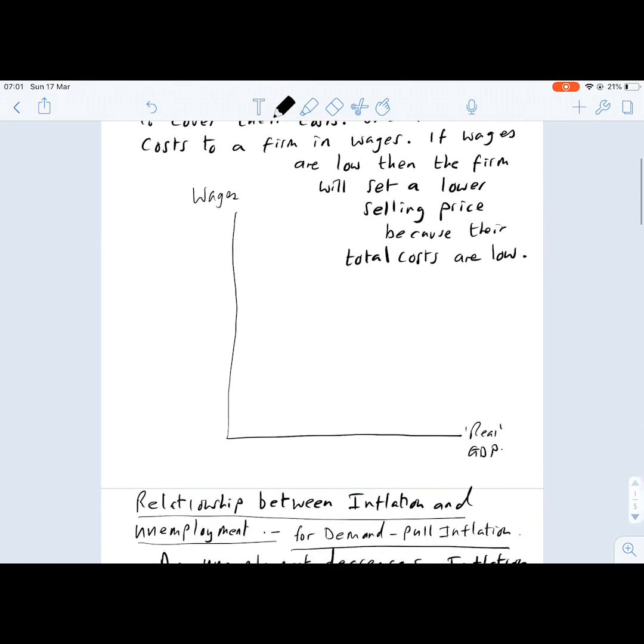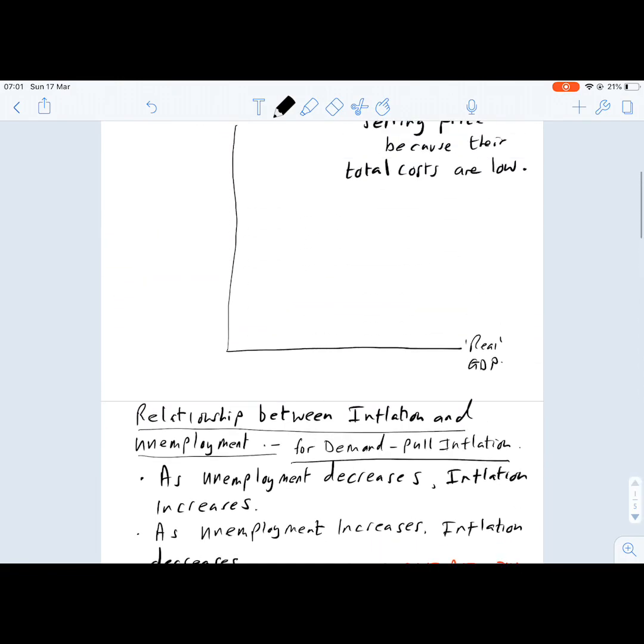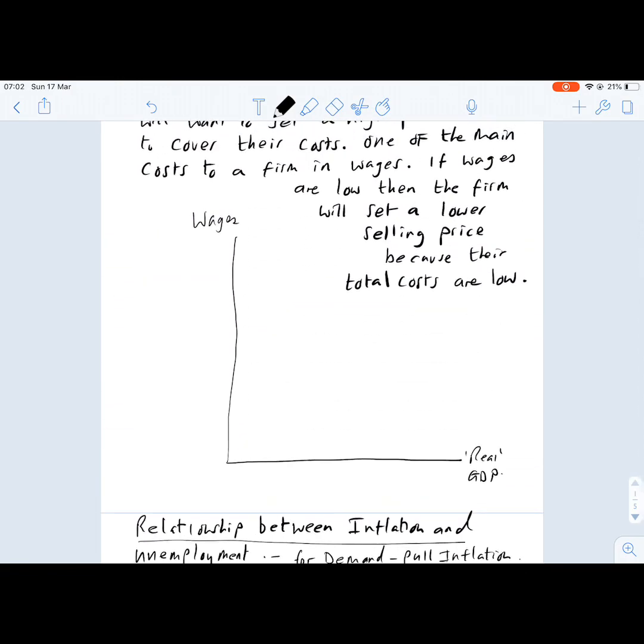Okay, so if we just move back up, we can see we've labelled this axis here wages and real GDP. Now, if wages are high at this point here, then the firm will want to charge a selling price higher than the wages to ensure they cover the cost of the wages and that they also make a profit as well.